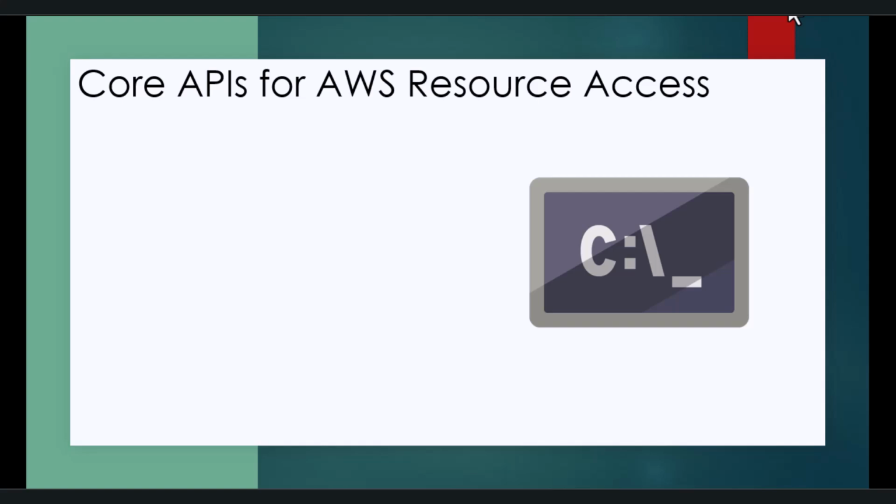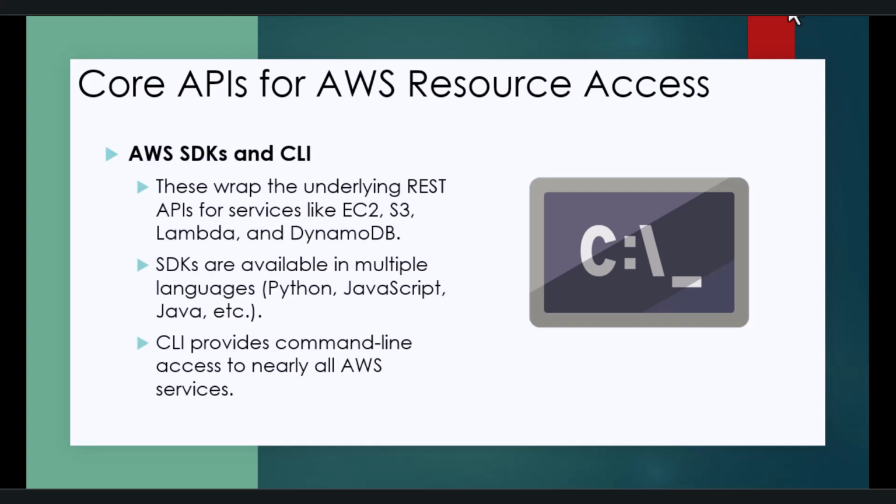So our options, first, would be the AWS Software Development Kits, SDKs, and the command line interface. These are going to wrap the underlying RESTful APIs for services like EC2 instances, S3 object storage, Lambda functions, and the DynamoDB, very popular NoSQL database.